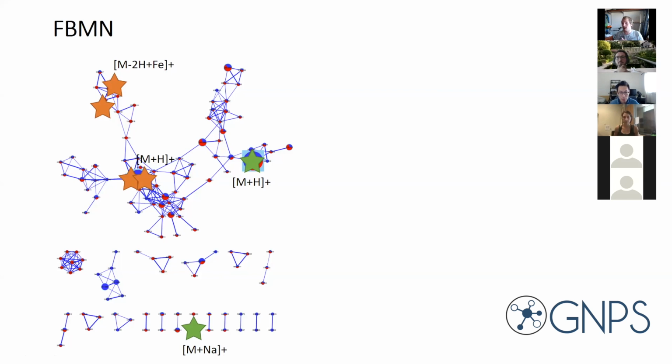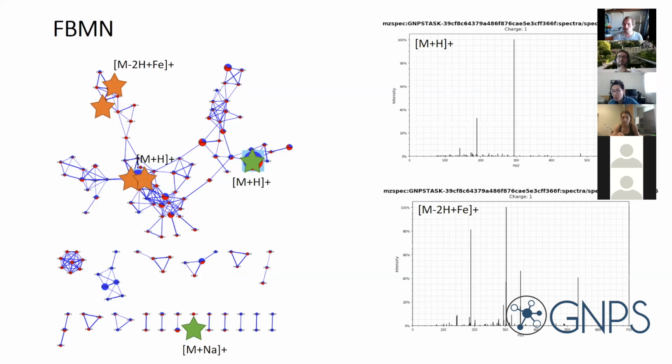That's a bottleneck of molecular networking. The reason for that is very simple. When we look at the MS2 spectra of those, due to different charge energy through different adducts, they fragment slightly differently in collision-induced dissociation. Hence molecular networking and the cosine similarity metric simply will not bring them together.